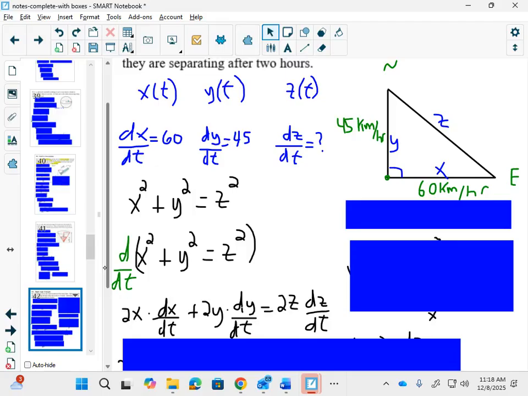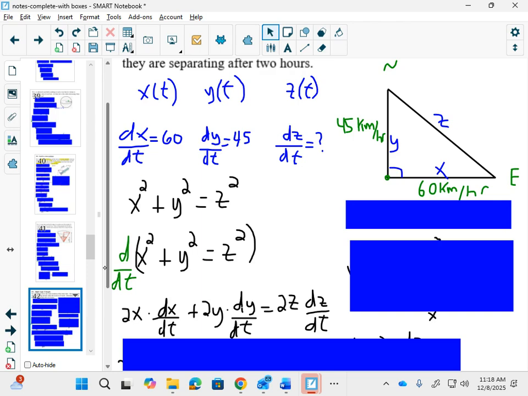And when we're thinking about this, we have to ask ourselves, okay, I know dx/dt, I know dy/dt, and I want to find it when the time is 2 hours, but there's nowhere to plug in time here.